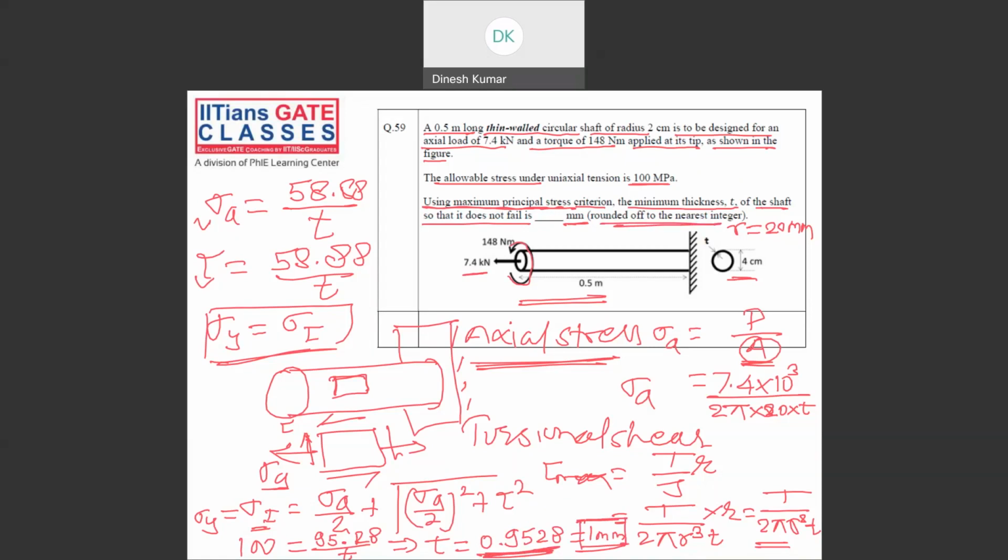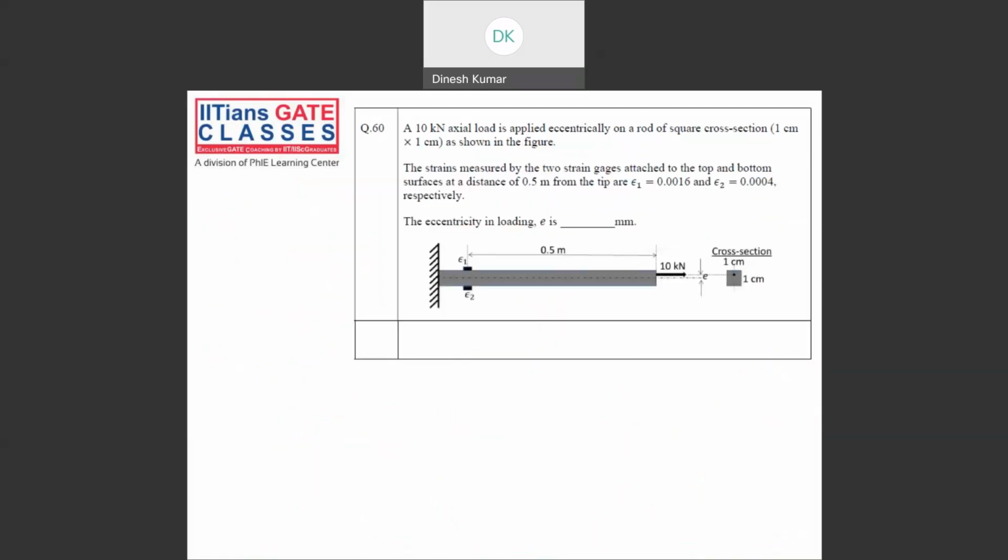So guys, look into this question. The previous question was a bit calculative, but this question is straightforward. Not much calculation, but a very good conceptual question. What is given? A 10 kilonewton axial load is applied eccentrically on a rod of square cross section 1 centimeter by 1 centimeter as shown in the figure.